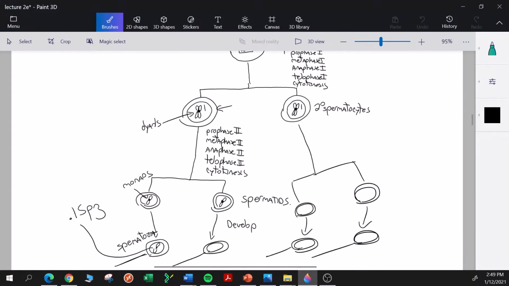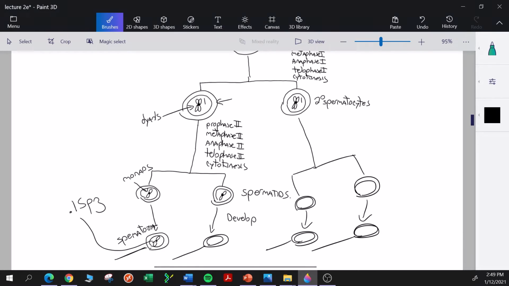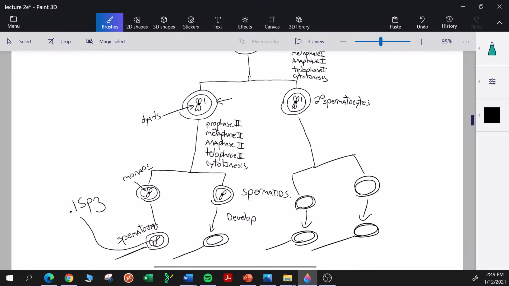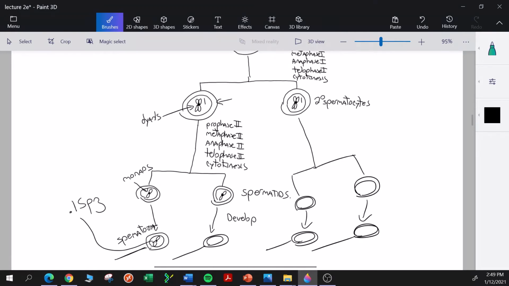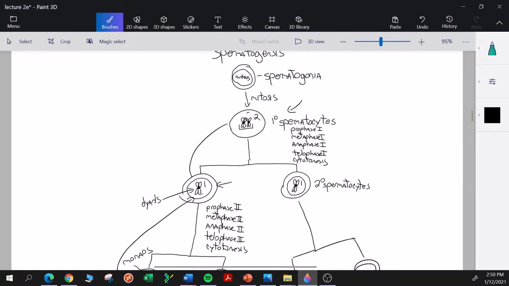Well, if you know how spermatogenesis works overall, and you know how meiosis works, then you should be able to see that we're doubling the DNA content here. The number of chromosomes isn't changing, but we're doubling the DNA content from the spermatozoon cell up to the secondary spermatocyte, and then we're doubling again as we go up to here.